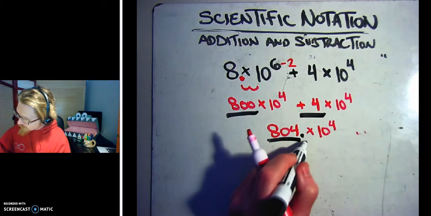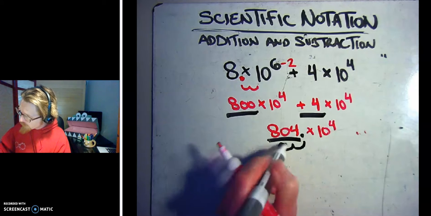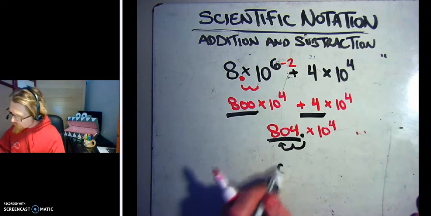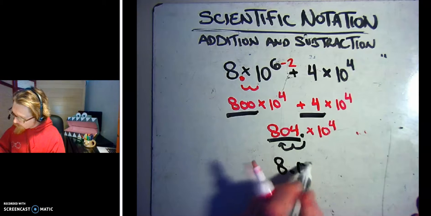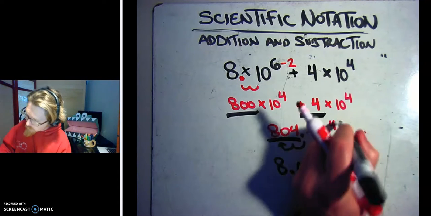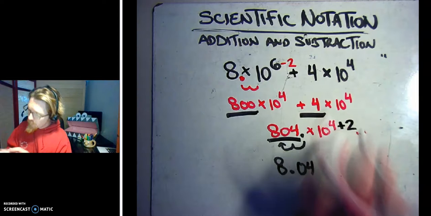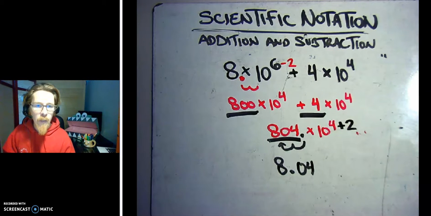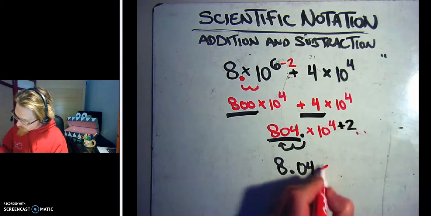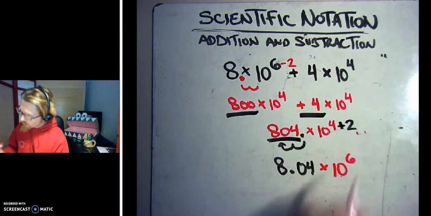So I'm going to take this decimal and move it back to the left 2 spaces, so it becomes 8.04. And because I moved it left 2 spaces, I need to compensate by adding some exponents. So I'm going to get 8.04 times 10 to the sixth.